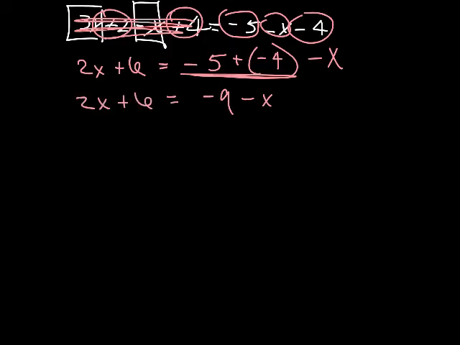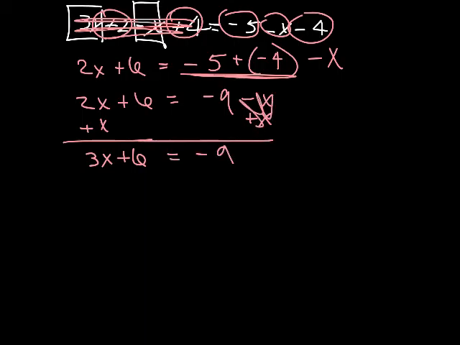Alright, so now let's see if we can get these x's together. We have an x over here on the right, so let's add an x here, and that'll make that one go away, and add an x there. So that gives me 3x plus 6 equals negative 9. Now, still trying to get x by itself, so we'll subtract 6 from both sides to make that go away.